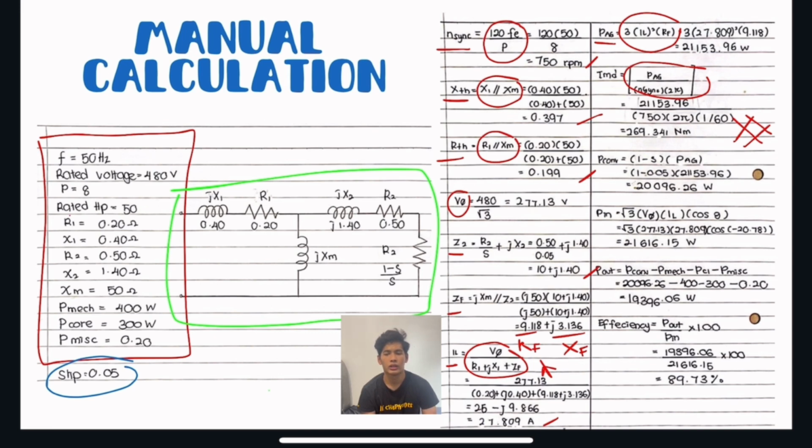And other than that, to find the power, we can put the formula equal to power, and we need to find the power also using the square root function and phase IL and cos theta, and we get 21,660.11 watts.